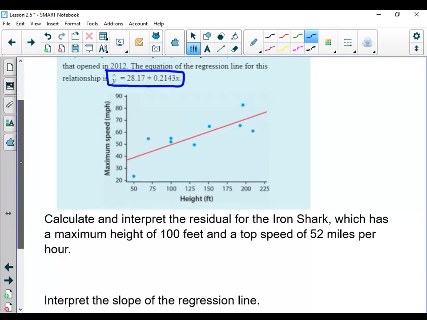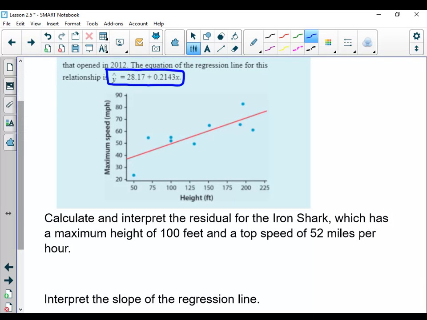All right, so using the regression line of y hat equals 28.17 plus 0.2143x, we're going to first of all see if we can figure out the residual. And we're going to look at the residual of the iron shark. So the iron shark, they say, has a maximum height of 100 feet and a top speed of 52 feet.